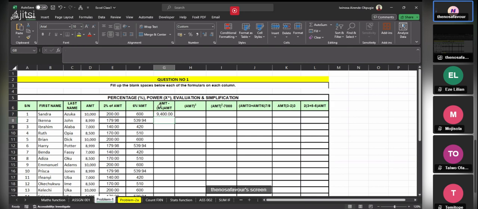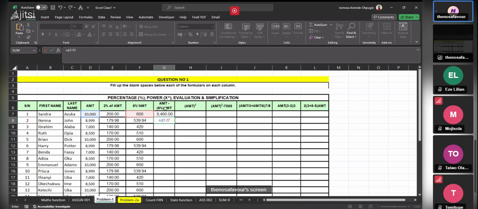Initially, when you said D7, let's try that. Equals D7 minus F7. This was correct. Look at the formula here. D7 is 6% of the amount.